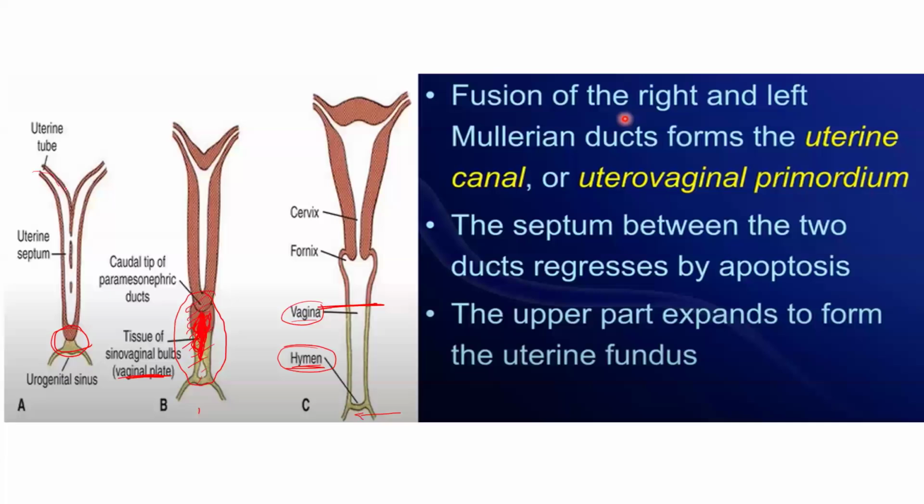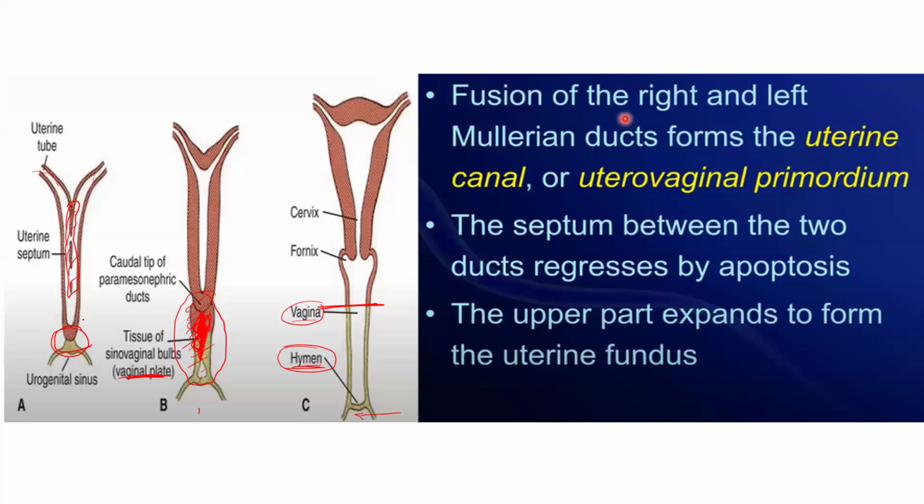They fuse, and then the septum between the two has to degenerate. So that uterine septum, initially, the uterus is septated. You have two uterine cavities, but the septum between the two has to involute, has to die off.